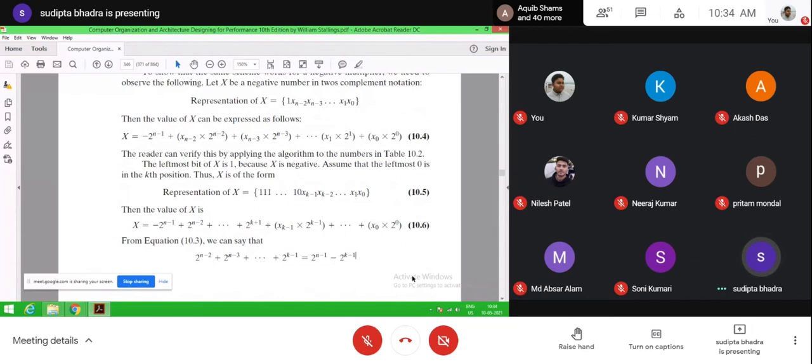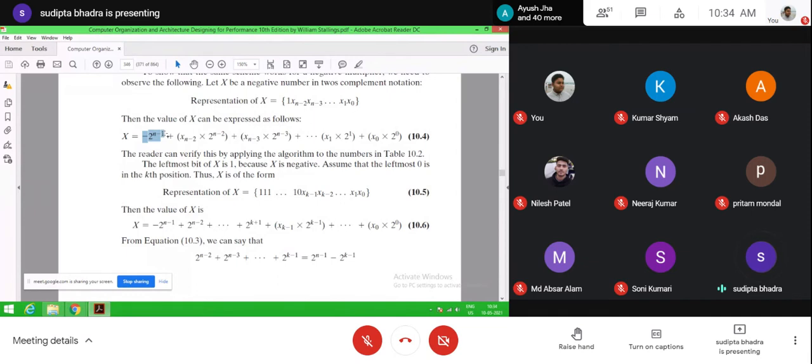In a negative number, say here this is the number representation x n minus 1, x n minus 2, x n minus 3, and so on. Now this 1 means what? The MSB 1 means here minus 2 to the power n minus 1.